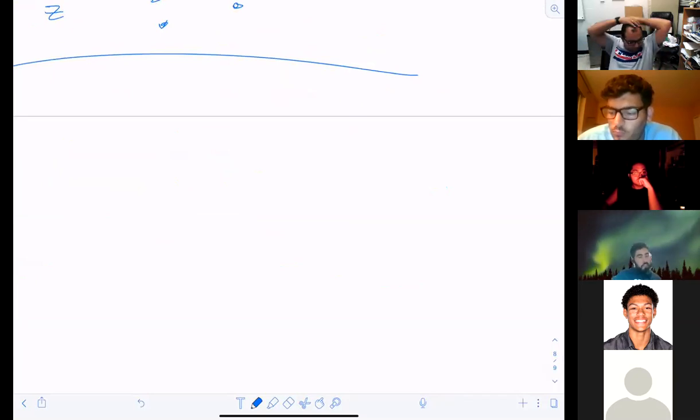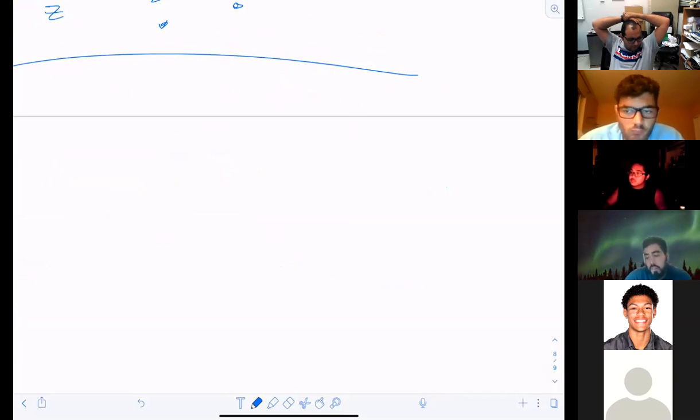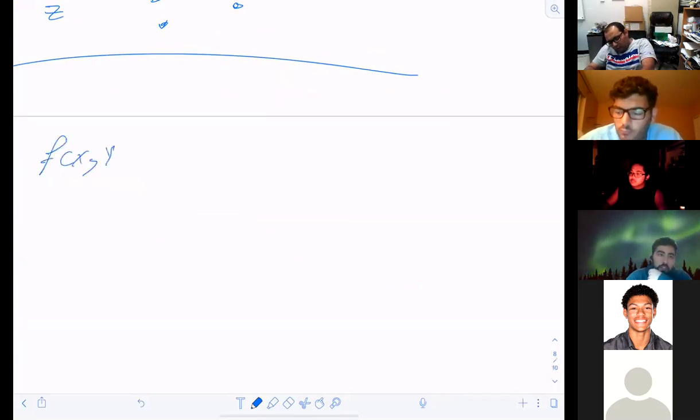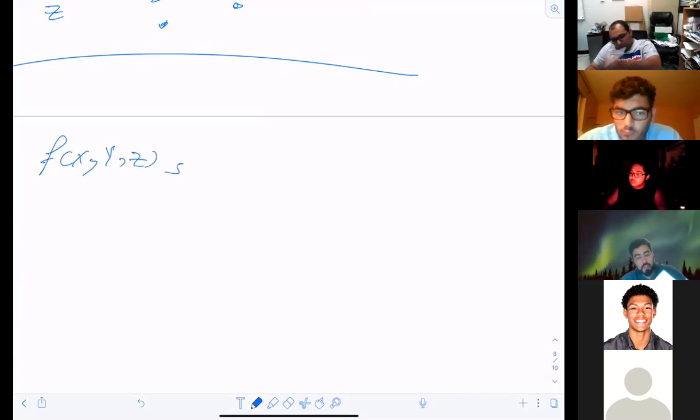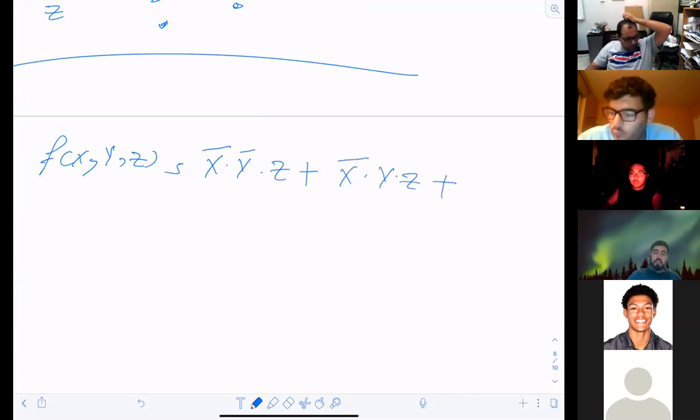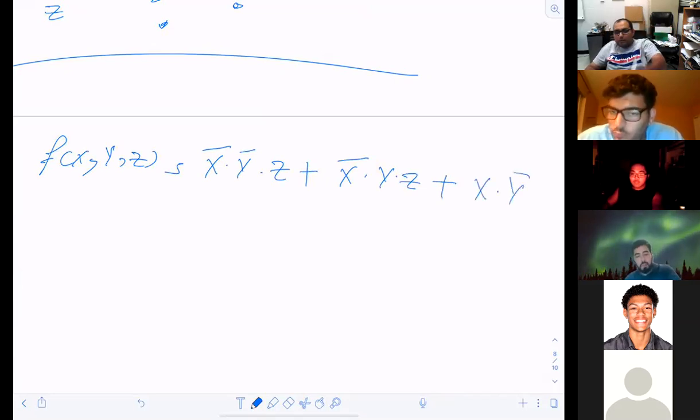Imagine the following: f as a function of x, y and z is equivalent to x complement y complement z ORed with x complement y z ORed with x y complement. And I'm asking you to optimize the number of literals and decrease the number of gates before you go and implement it.